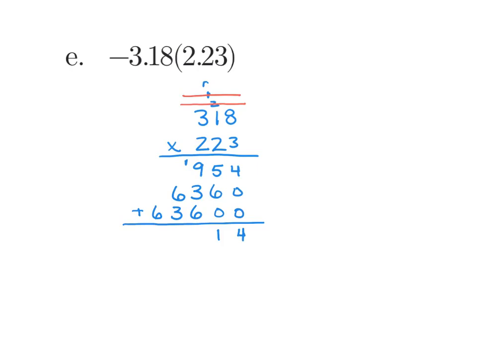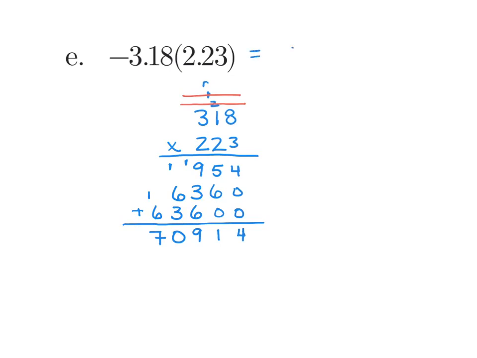Plus 3 is 13. Plus 6 is 19. 1 plus 6 plus 3. We get 1 plus 6 is 7. Plus 3 is 10. And 1 plus 6 is 7.